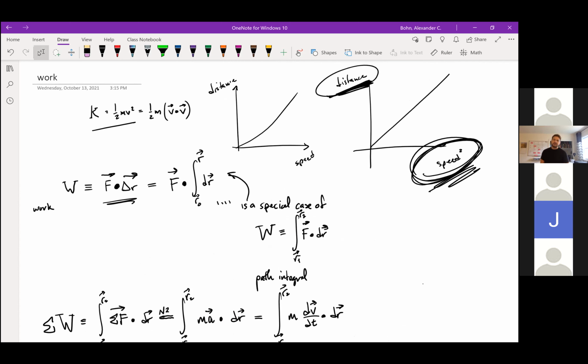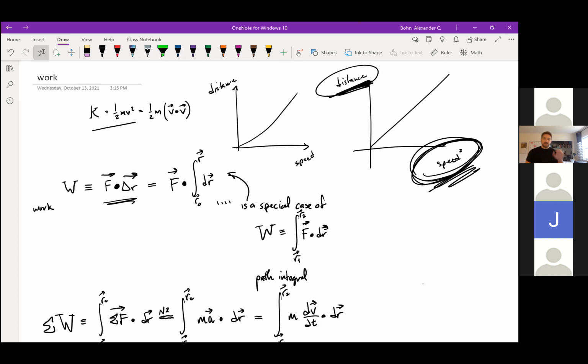My favorite thing about this is that it is entirely rigorous. We have made no assumptions except for the constancy of the mass. That's it. If we haven't somehow lost or gained matter along the way, this is entirely rigorous.